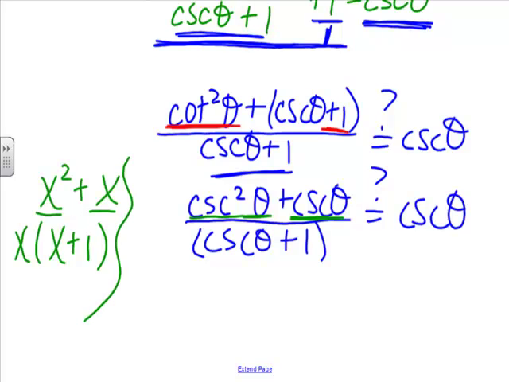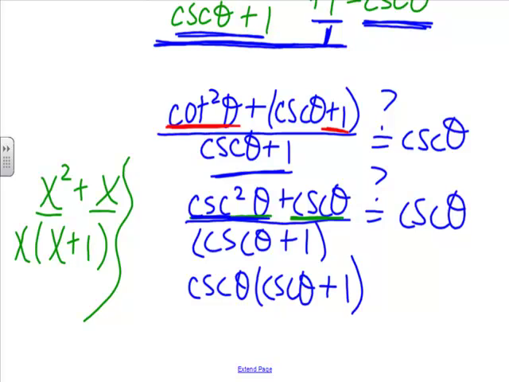So with that in the side of your mind, we can actually factor a cosec theta out of this thing. So cosec theta times cosec theta gets me my cosec squared theta back, plus 1, that gets me my cosec theta, all over cosec theta plus 1.